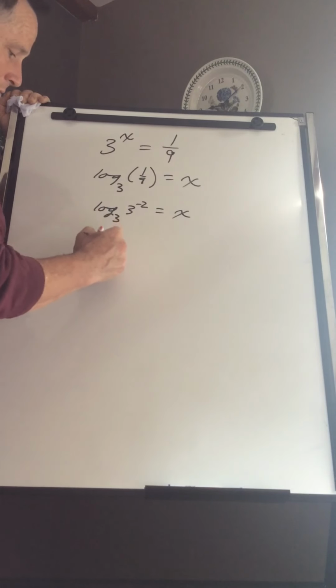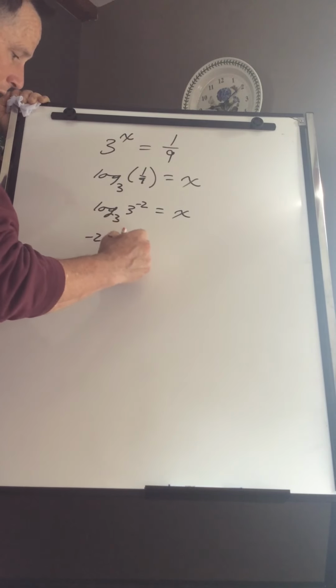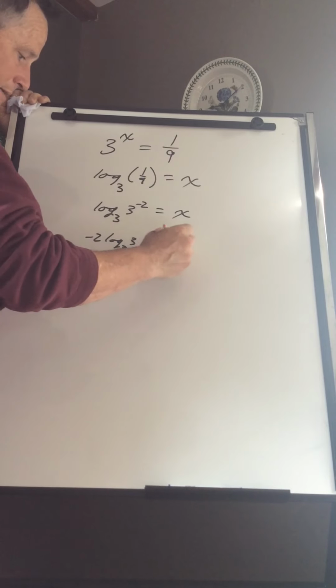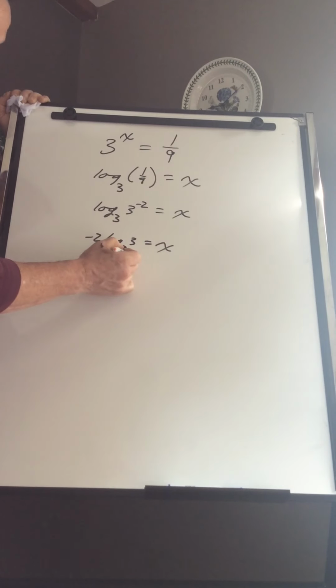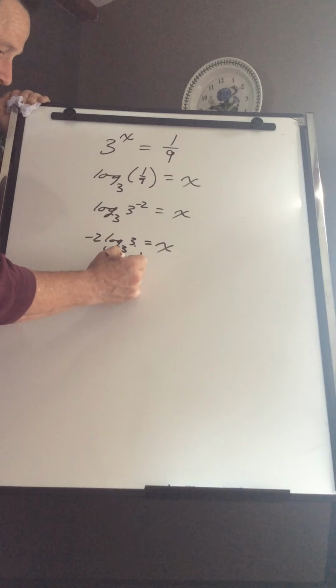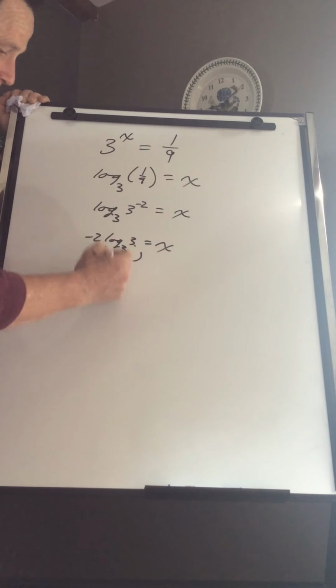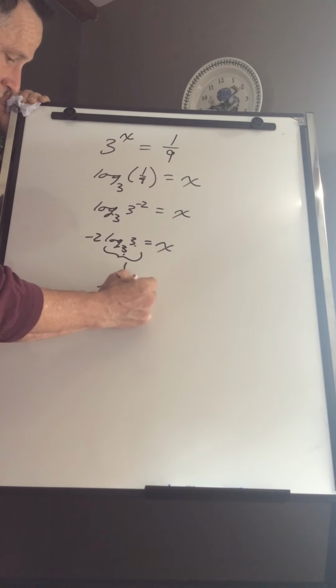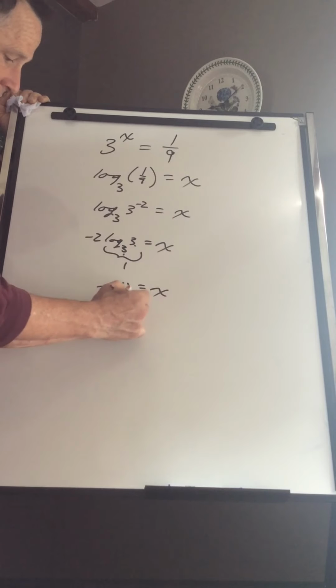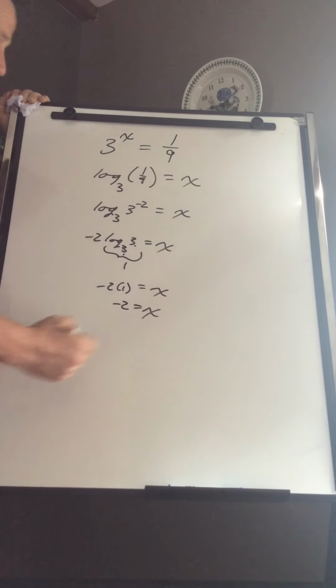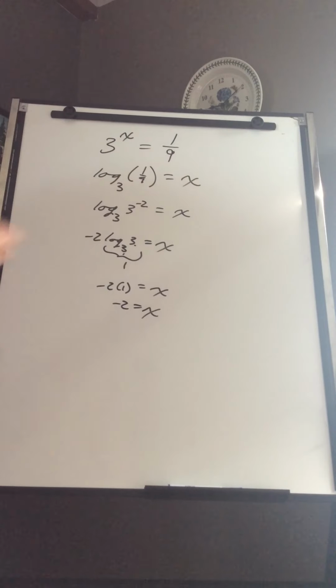So negative 2 log 3 of 3 equals x. Anytime the argument equals the base, this is 1. So I have negative 2 times 1 equals x. Negative 2 is x. And that's another easy way to solve, or you could go back to the other way and do it without logs.